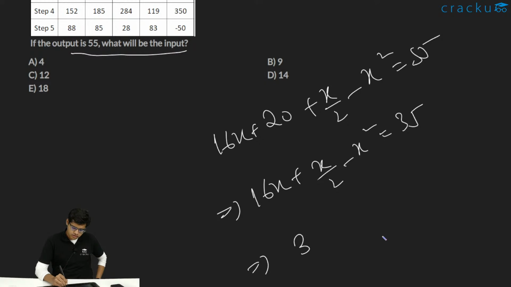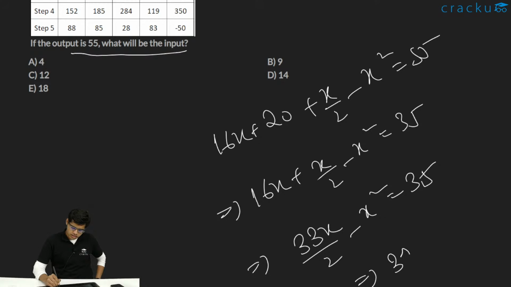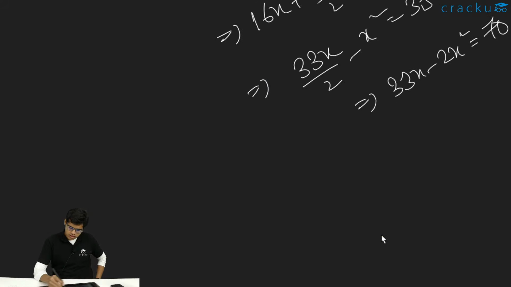Or 16x plus x by 2 will be 33x by 2, minus x square is 35. Or 33x minus 2x square equals 70. Or I can say 2x square minus 33x plus 70 equals 0.